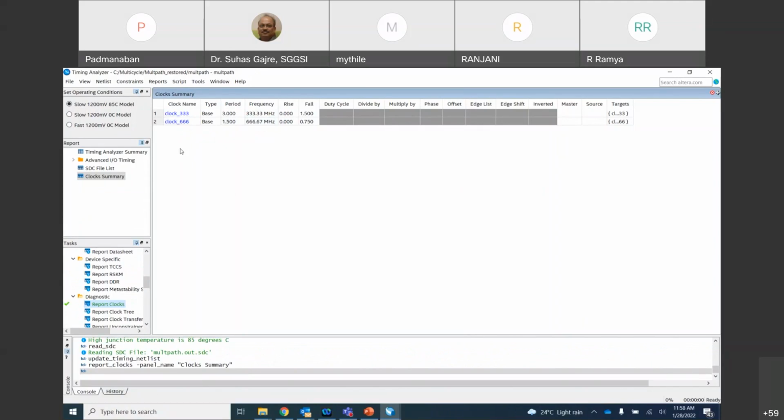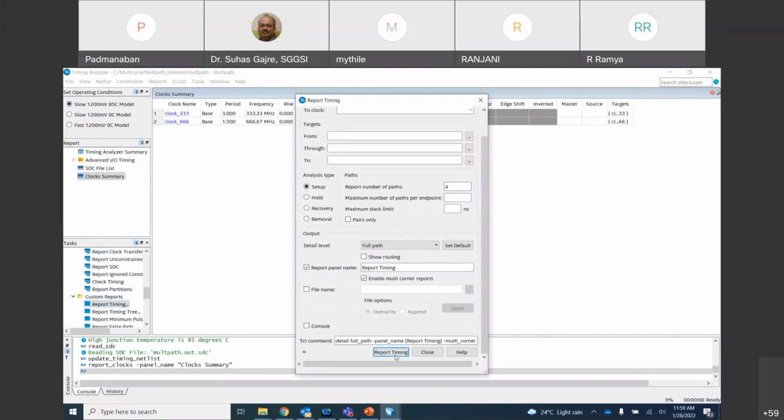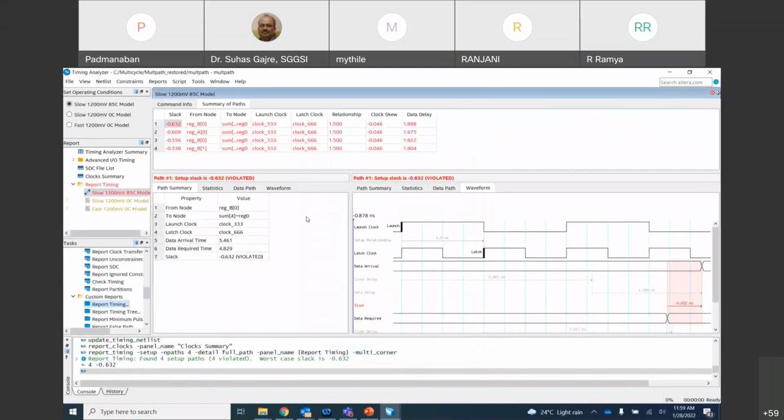Okay. Now, is there any problem in the timing analysis? That is also very important for us, because first we should understand whether there is any violation. Then only we can fix it. So now we can go to report timing here, say setup, and say report. You can see there is a violation, because if you see the waveform very carefully, launch is here, and then capture should happen here, because this is the completion of one clock period.